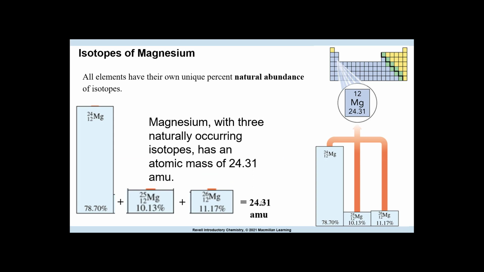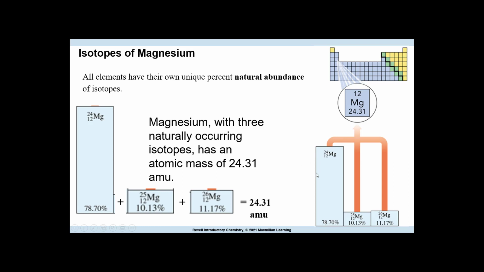All right, so here's another one from my other slides. Magnesium has 3 naturally occurring isotopes, and the atomic mass is 24.31 AMU. I'm staring at this because this is so large, and it wasn't large like that when I was looking at it before. So the atomic mass on the periodic table is 24.31. That means that the majority of it matches the isotope that is close in mass to it.